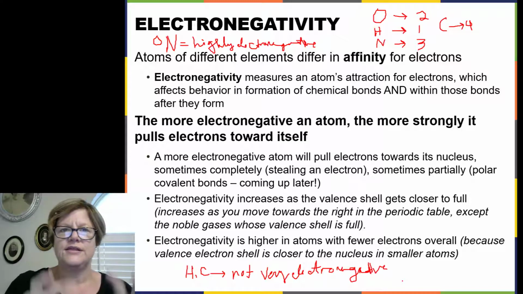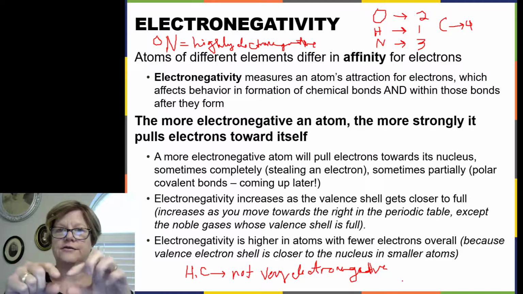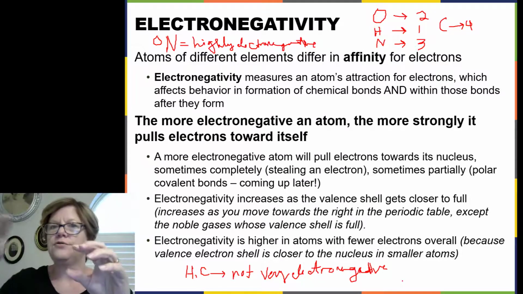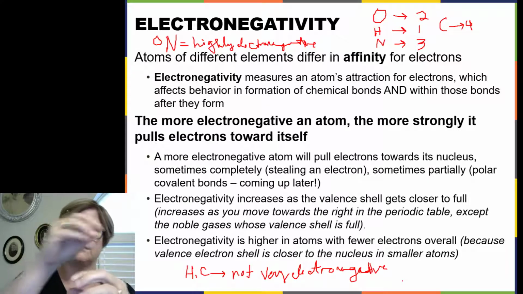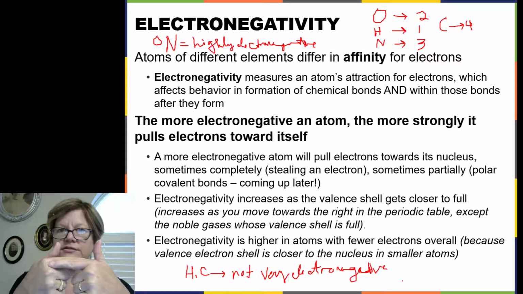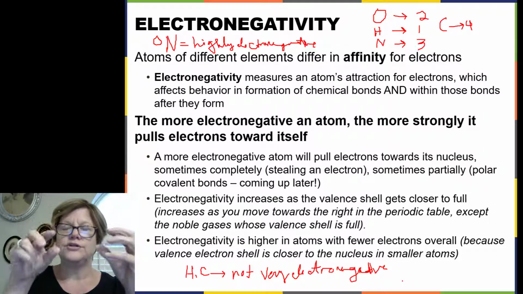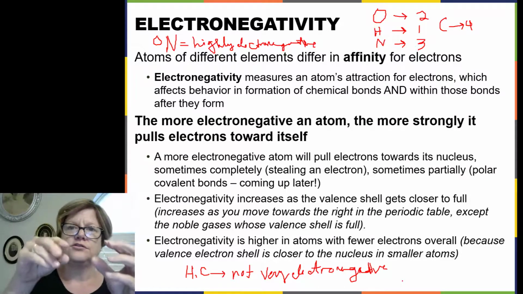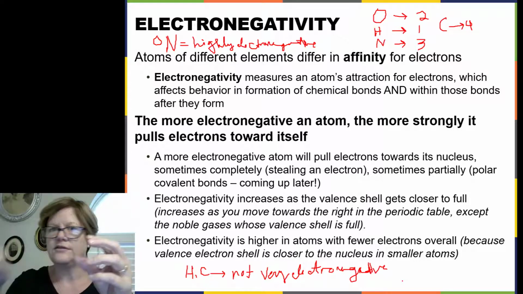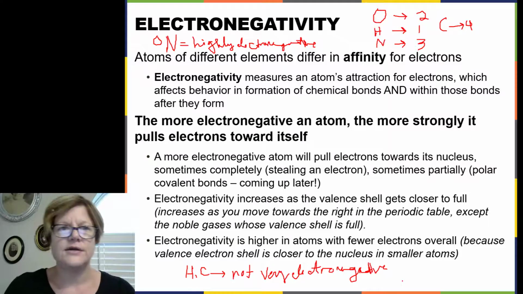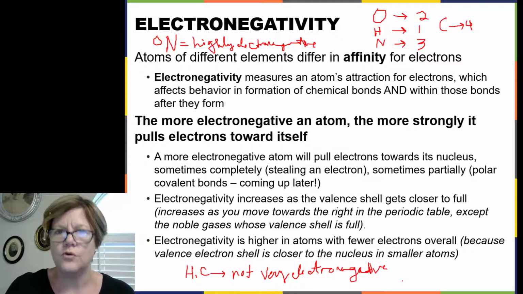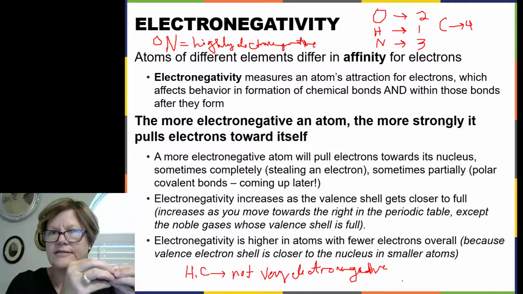So in theory, the electrons that are shared should be traveling around both nuclei. Let's say you have an oxygen and a hydrogen with a pair of electrons that are shared. If things were even, those two electrons should spend some time around the oxygen nucleus and some time around the hydrogen nucleus. But it's not even, because the oxygen is more greedy, so it keeps those electrons more often around its own nucleus.